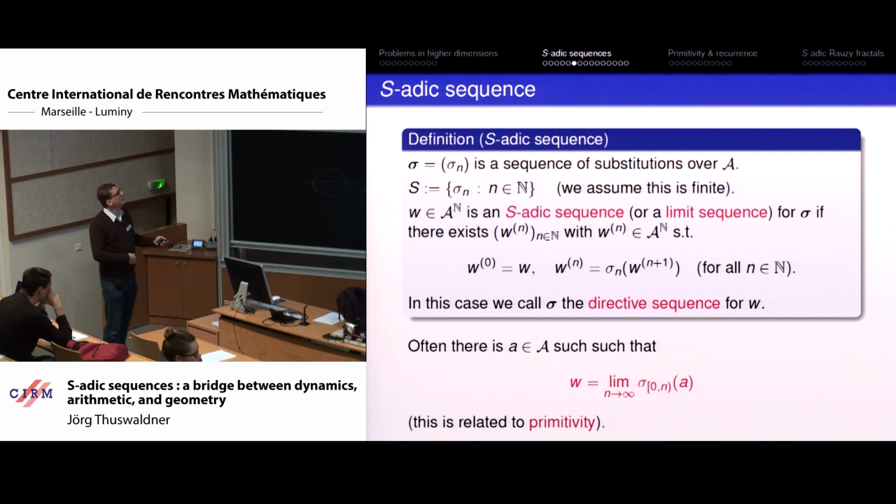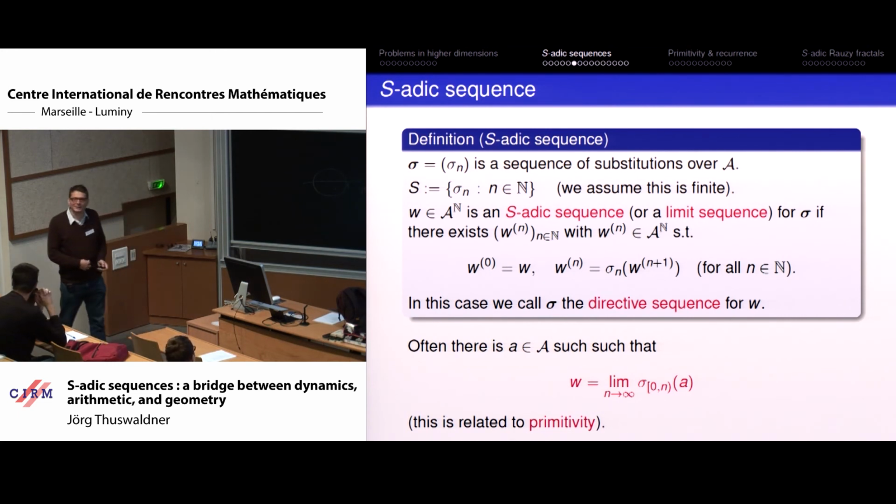So we start with a sequence of substitutions. It's not necessary, but in this talk I want to assume that the set of substitutions we use to cook up a sequence is a finite set. The set is often called S. That's why we have the name S-adic. I think the name S-adic goes back to Sebastien Ferenczi, if I'm not mistaken. It has to do with some French word.